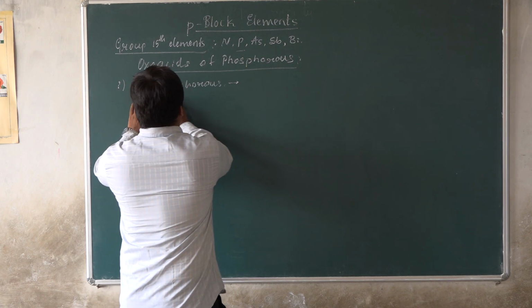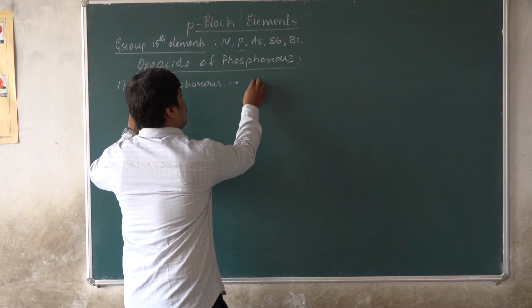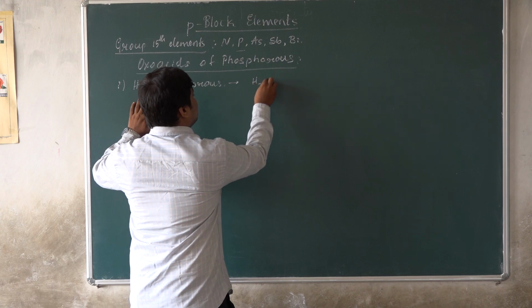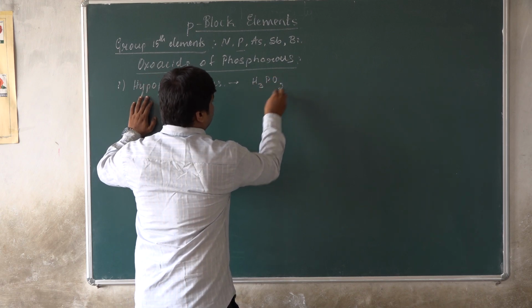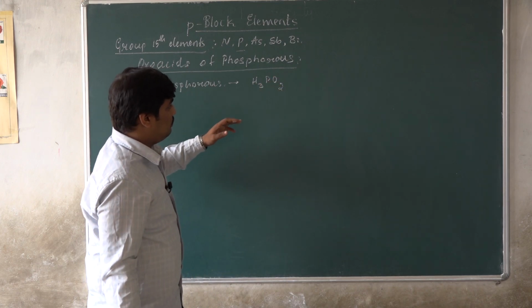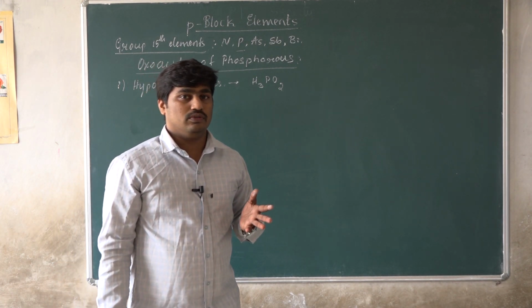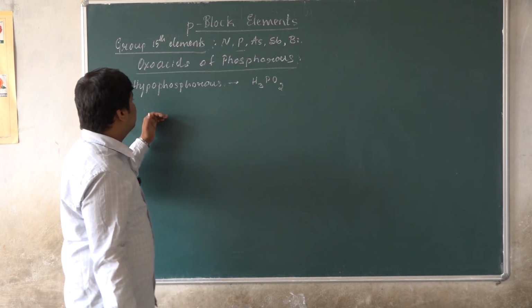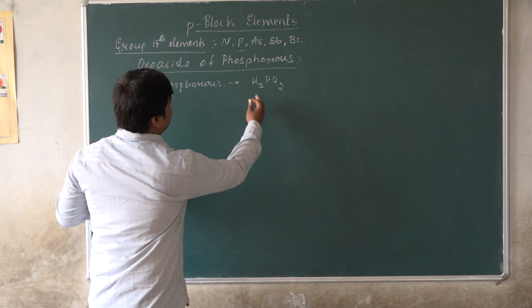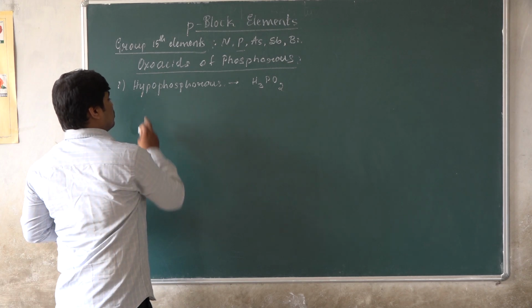The formula is H3PO2, a lesser concentration of oxygen and a higher concentration of hydrogen.